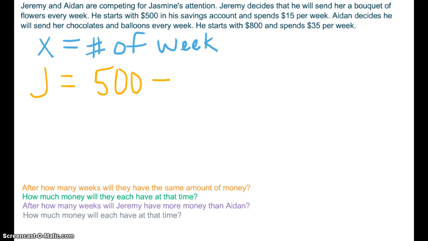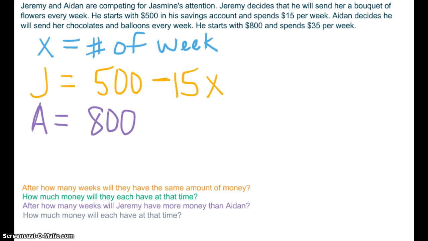Spending or withdrawing money, that's removing money. So he's going to spend $15 per week, so $15 times x number of weeks. And then we have Aiden, and Aiden starts out with $800, and he is spending or withdrawing $35 times x number of weeks.